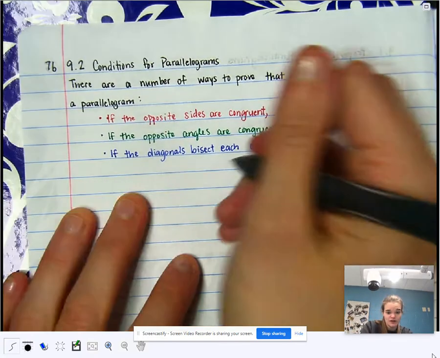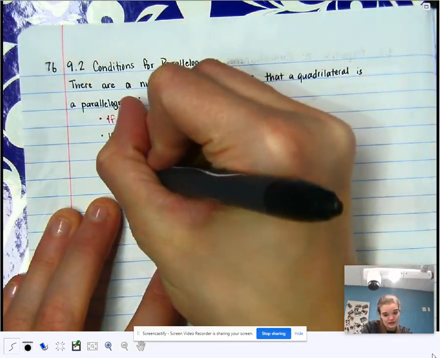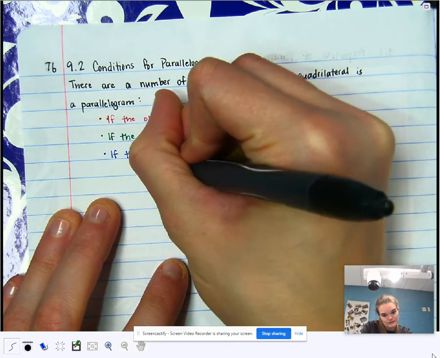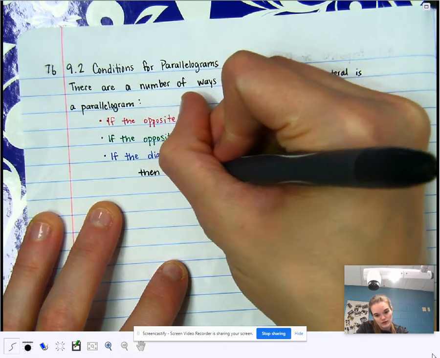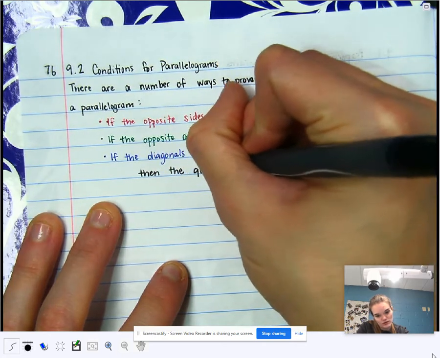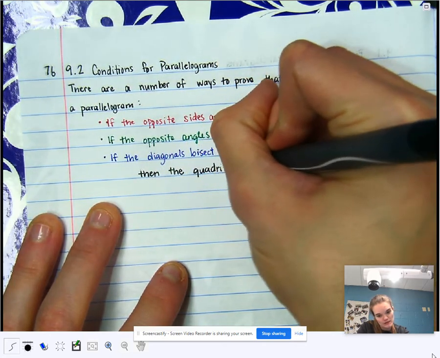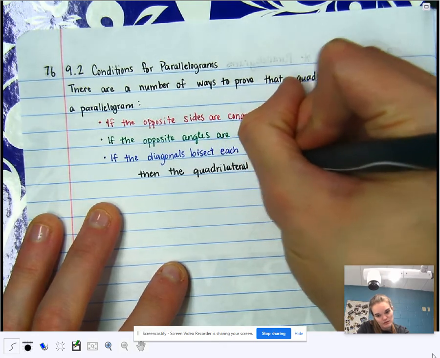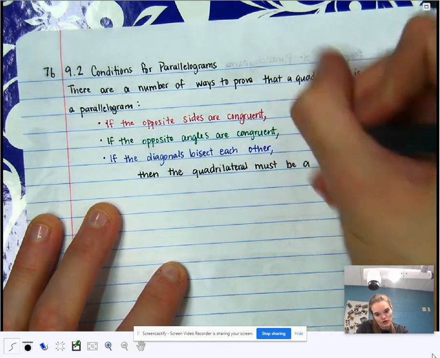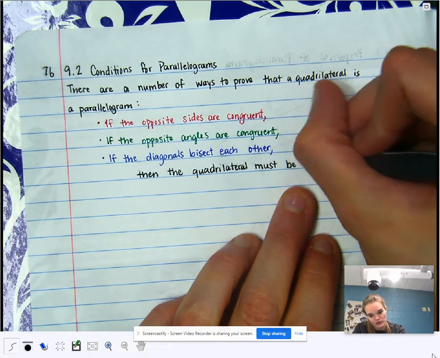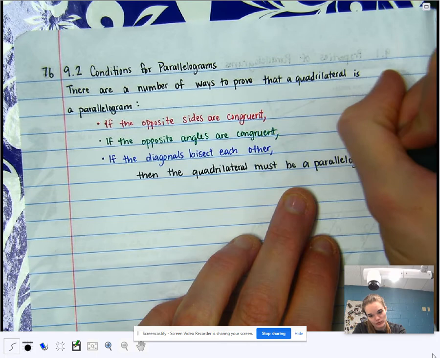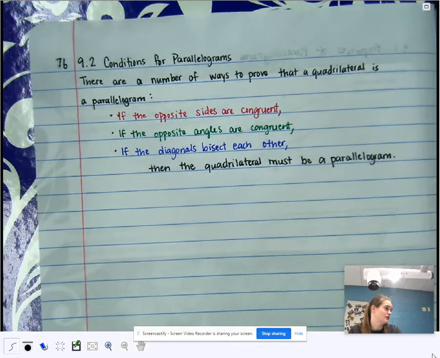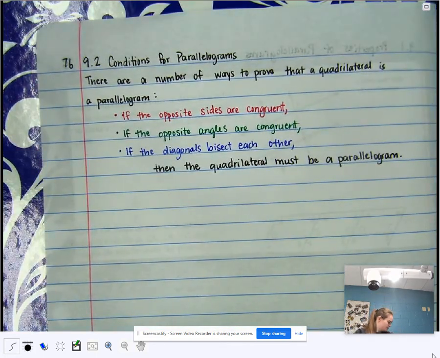So the then part of that is then the quadrilateral must be a parallelogram. So these are all the conditions, the theorems that go with those conditions. I told you I always have to really double check and make sure I didn't spell parallelogram wrong. You would think after writing it for that many years I would remember, but I don't.